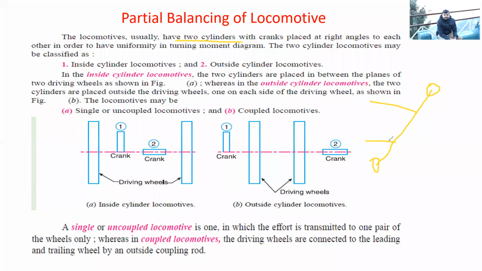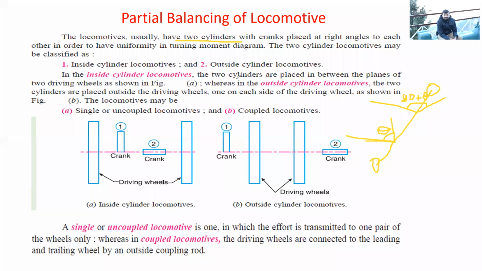This is the line of stroke, and one of the cranks is at some angle theta. Then the crank of the second slider crank mechanism would be at this angle, and this angle would be 90 plus theta. This is the arrangement of two slider crank mechanisms in a locomotive.